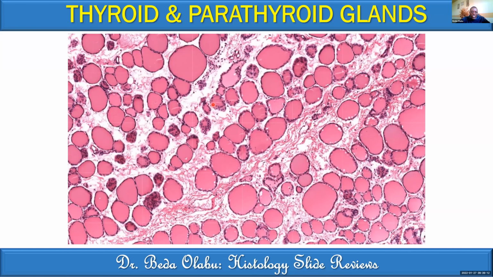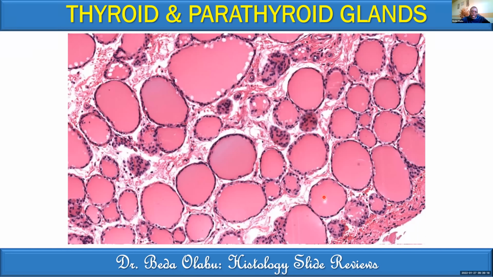This is high magnification. Again, you're still seeing the thyroid gland. Different follicles, varying sizes. Even that one. And perhaps here you also see the parafollicular cells as well. That's a capsule.